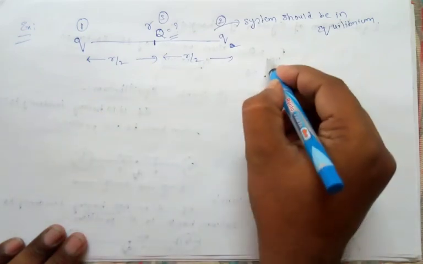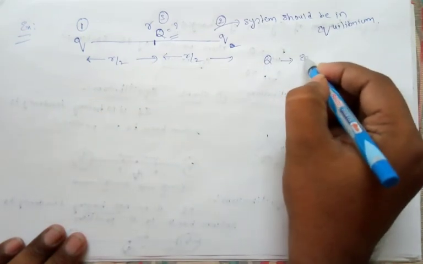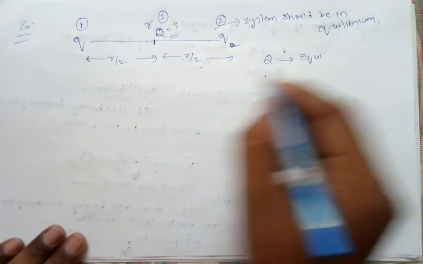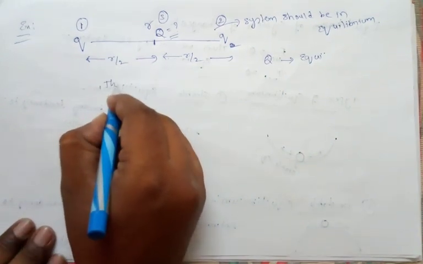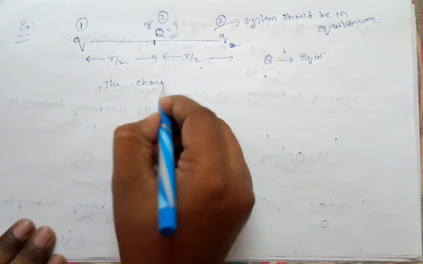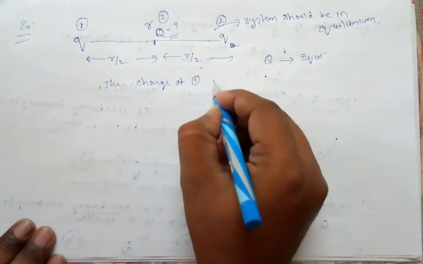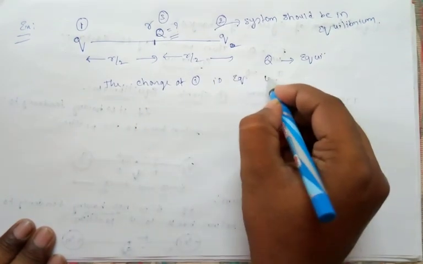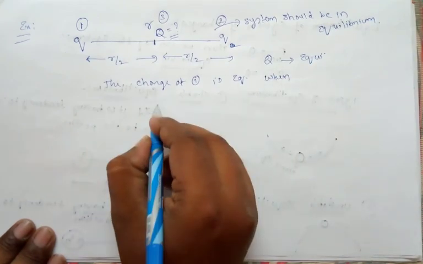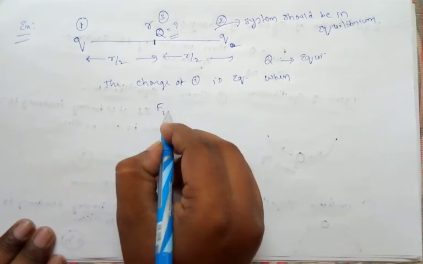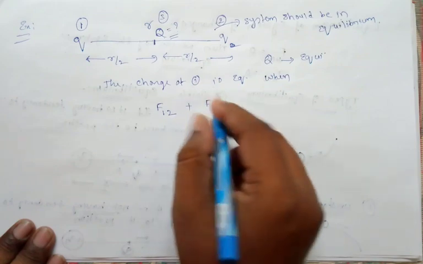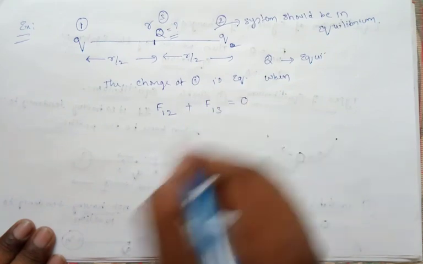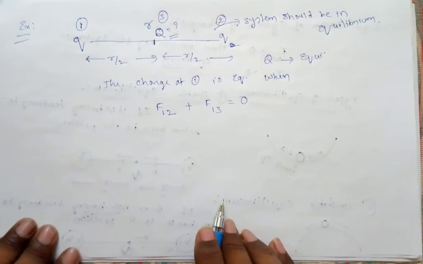So capital Q is in equilibrium. Next, the charge at 1 is in equilibrium when the force on 1 due to the second charge plus the force acting on the first charge due to the third charge is equal to 0.